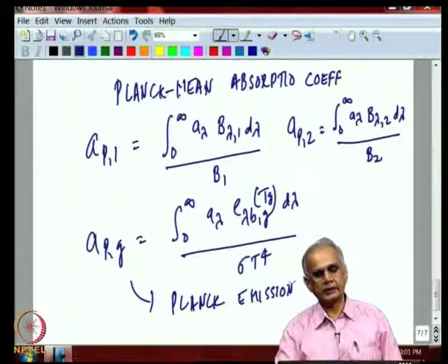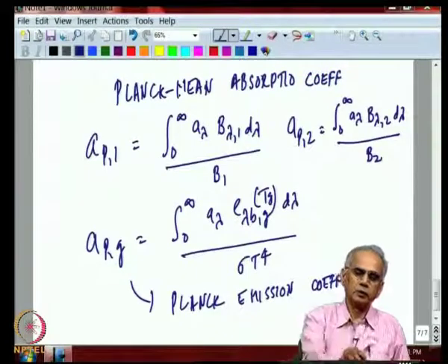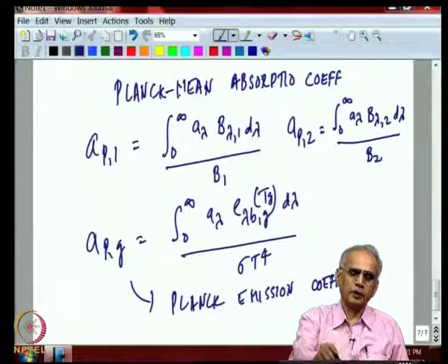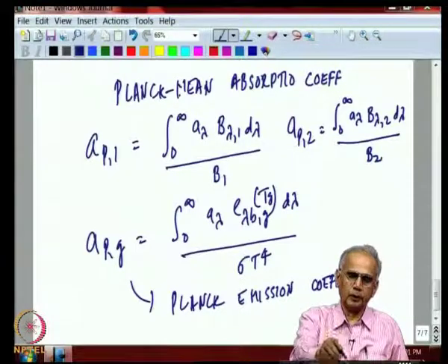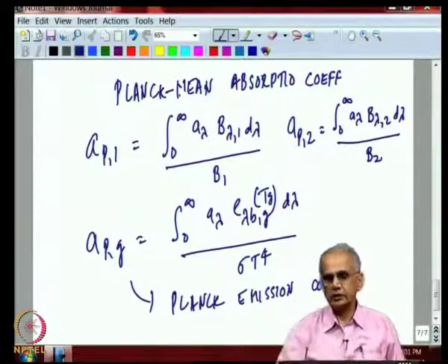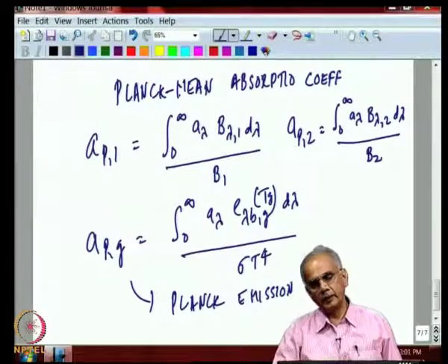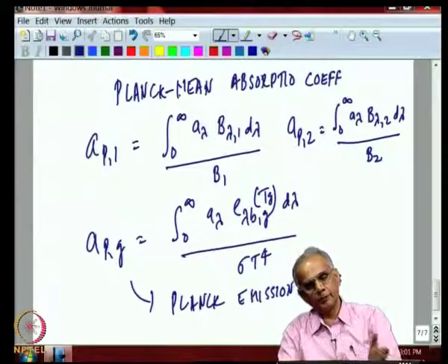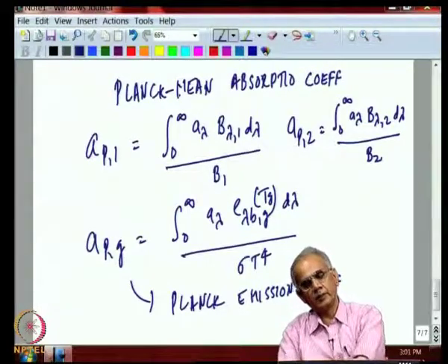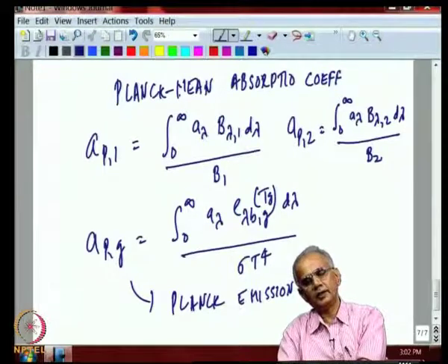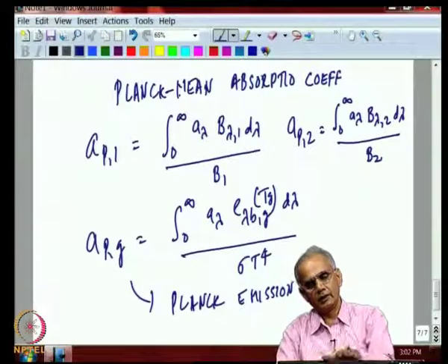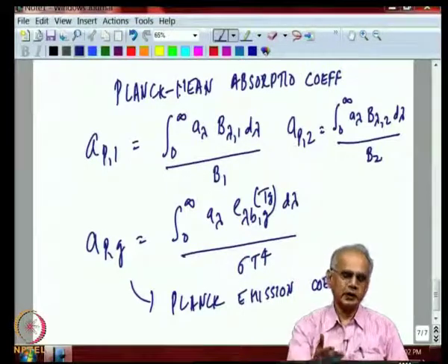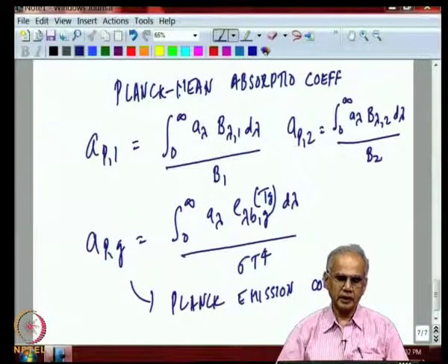So, that name sticks, but strictly speaking these two are absorption coefficients because they represent the integration over wavelength of the incoming radiation at 1, and at 2, there could be very different wavelengths. So, you need to do them separately, but the Planck absorption or emission coefficient, the last term, depends both on the specific gas and its A lambda distribution, as well as the weighting function, in this case, A lambda b.